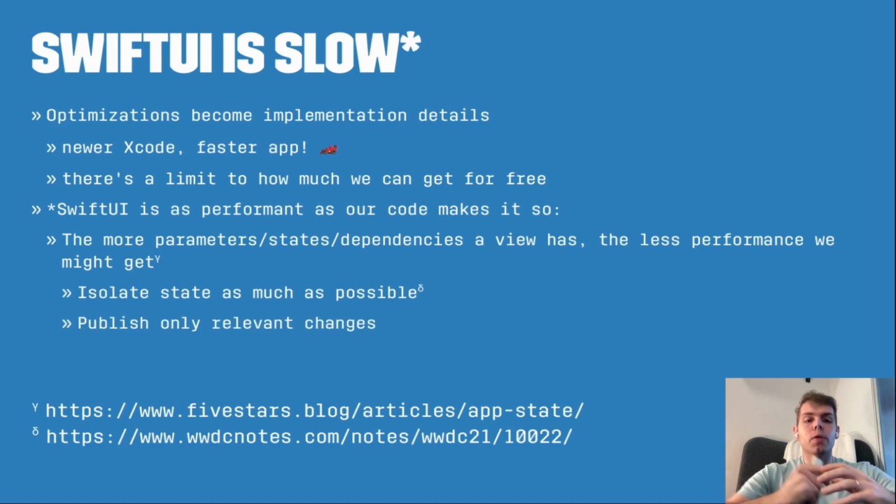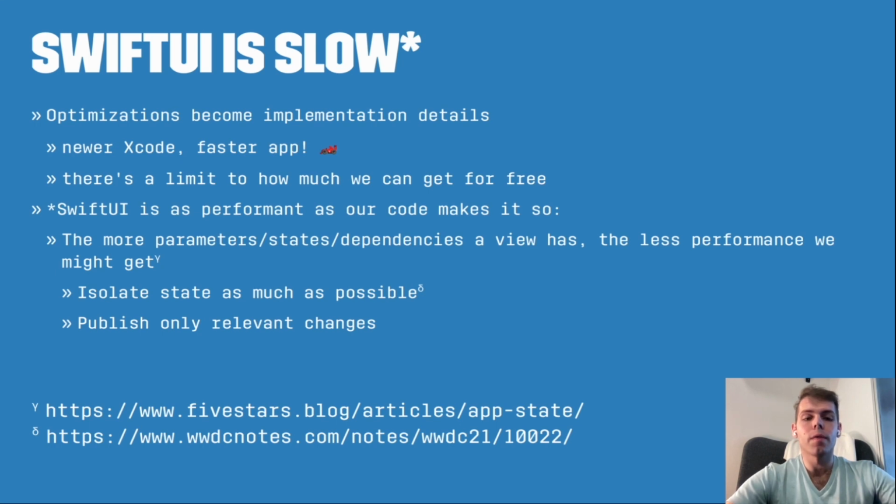And speaking of, we should only publish things that are relevant for the UI. We know that in SwiftUI we have all these cool property wrappers, but we should really think if we need to use them, because sometimes we have properties that belong to the view model or the model, but they should not really be something that all views need to be aware of.